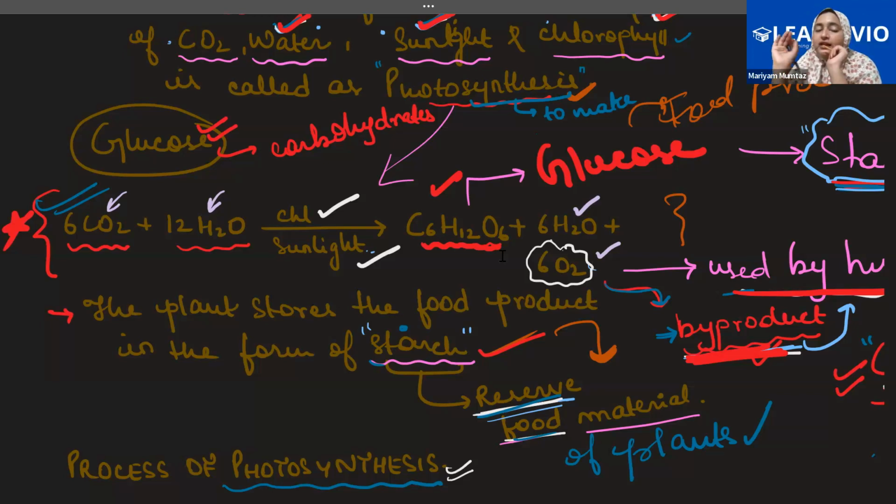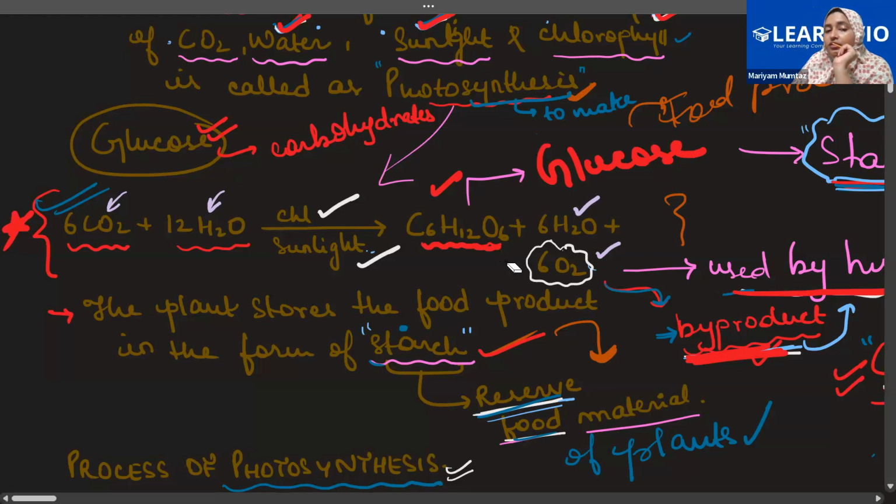So, same way, the plants, when they make the glucose molecule, they don't use all of it, they store it also. So the plant stores the food product in the form of starch. Starch is the reserve food material of the plant. Always remember this. The reserve food material of the plant is starch.